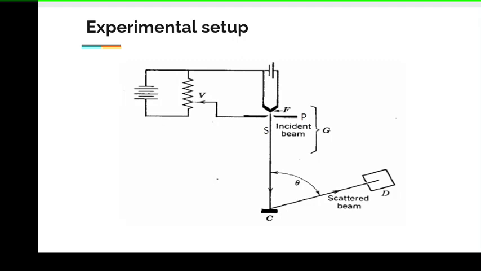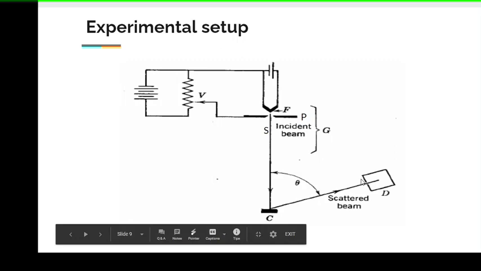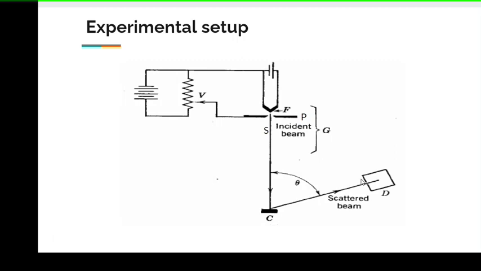Now we'll see the method, or we can say how the electrons are scattered. Suppose a known potential V is applied between the filament F and the plate P. The chamber D is set at different angles, and for each setting of the chamber, the current is noted.